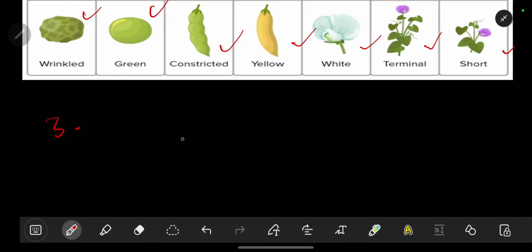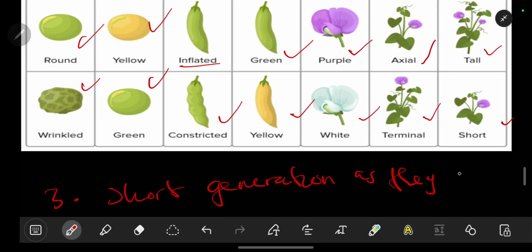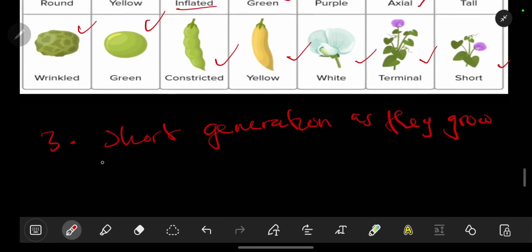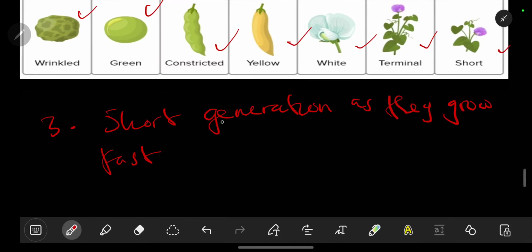These garden peas also have a very short generation as they grow fast. Why is this very important? Generation is more like from when the plant is very little, it grows and is able to produce the next generation.